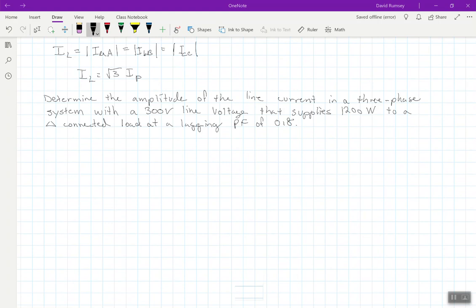So we're going to do an example here, and actually this example should look pretty familiar because it's the same example we did, except in this case we're looking at a delta connected load as opposed to a Y connected load. So we want to determine the amplitude of the line current in a three-phase system, line voltage, to a delta connected load lagging at a power factor of 0.8.